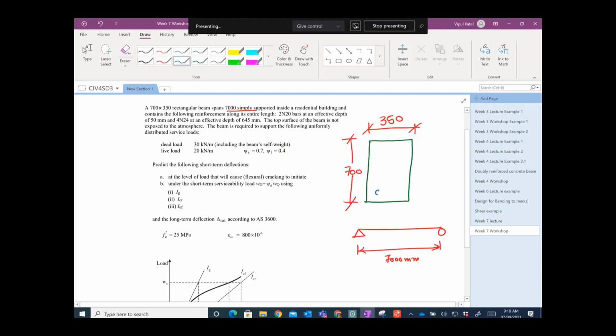So they have given you 4 N24 bars and you have 2 N20 bars here. So that is 50 from here, and then 645.